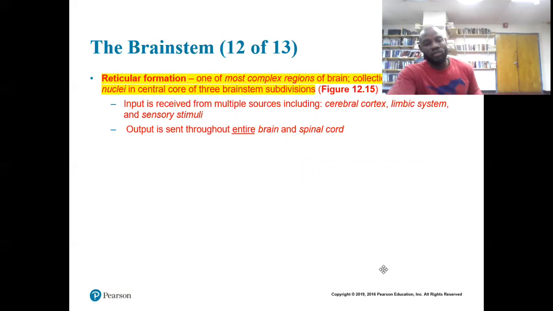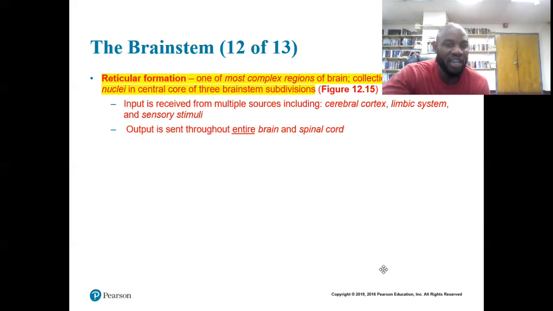Right, and then we have the reticular formation, the last part, one of the most complex regions of the brain. You may have heard this mentioned before. It's a collection of over 100 nuclei, remember nuclei, cell bodies, in a central core of the 3 brainstem subdivisions. Input is received from multiple sources: the cerebral cortex, remember that's the outer portion of your cerebrum, your limbic system, which connects different parts of your brain, and sensory stimuli.